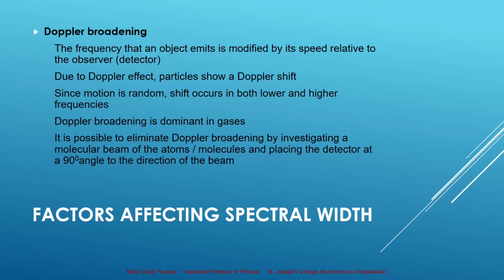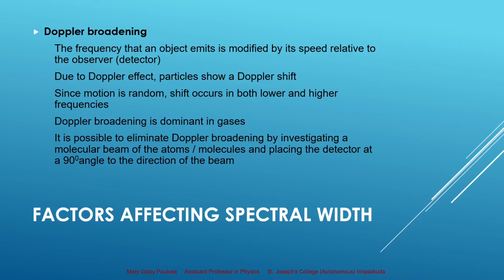The next factor that affects the spectral width is Doppler broadening. Now, by the Doppler effect, we understand that the frequency that an object emits is modified due to its relative speed to the observer, or here the detector.